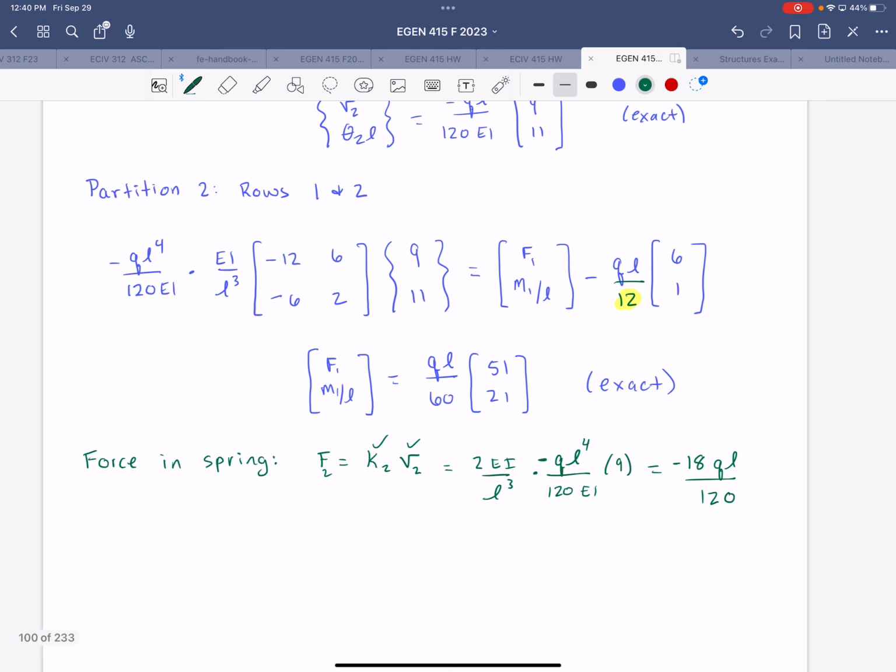The negative value in that expression comes from the negative in our deflection. The negative means it's moving downward, which means the force will be in compression in that spring. So that makes sense intuitively, right?